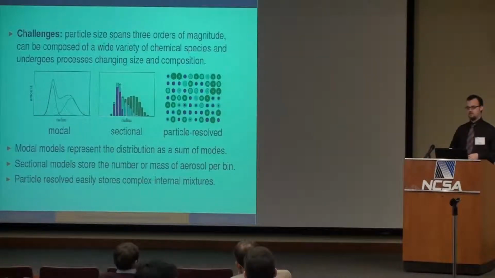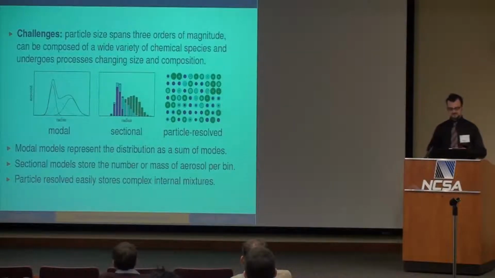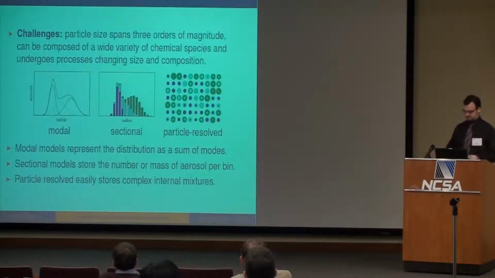However, in each bin, every particle will have the same size and the same composition, so we're making an assumption there. And on the right here, we have a particle resolved model where we can easily represent very complex mixtures. So particles can be the same size but have drastically different compositions.